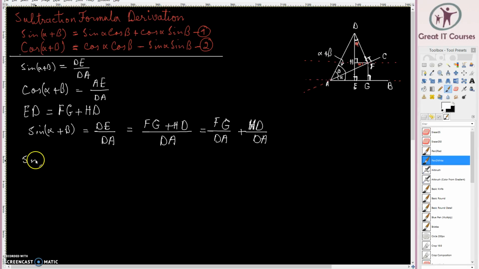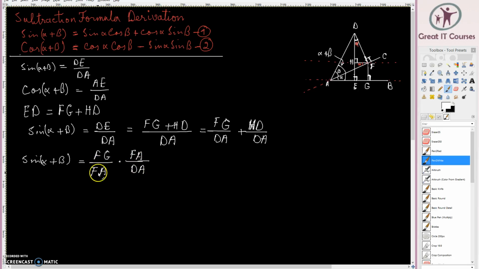So you can write sine of alpha plus beta is equal to FG divided by what? Divided by FA, and since you have divided by FA, you have to multiply by FA here as well, and then you can write DA here as well.